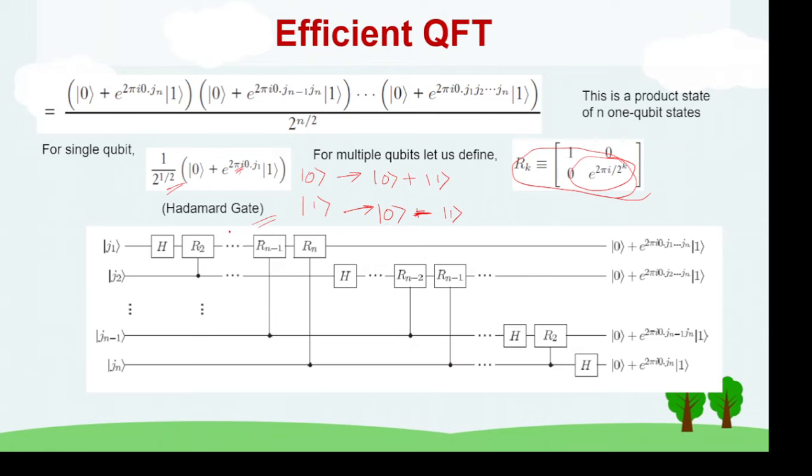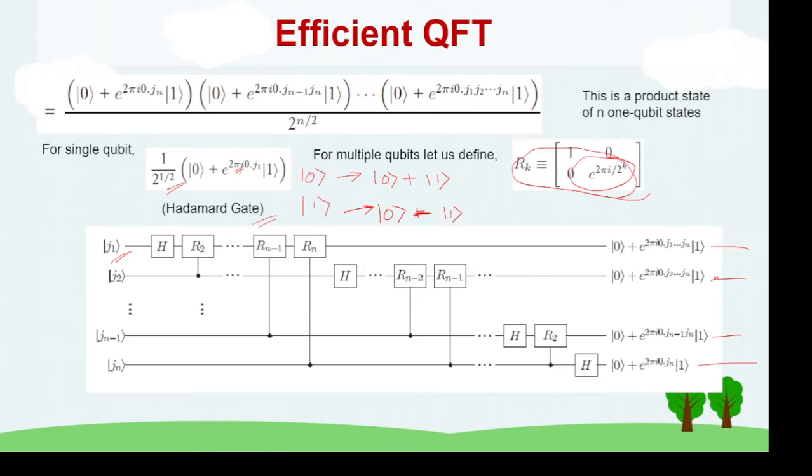But another thing to be noted here is, when we started, in the input state, j1 is the most significant qubit. But as we start adding rotational gates, you can see in this expression, this is the most significant qubit, which is coming in the least significant position. Which means we need to do some swapping operation. Okay.